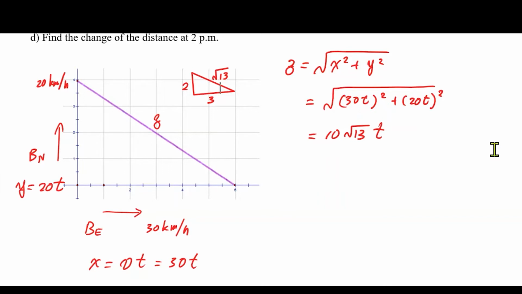You don't get it? Or whatever, okay? So, wow, then the rate must be this, right? We can take a derivative, although this is not a calculus problem. dz over dt is then 10 root 13 kilometers per hour. So this thing increases at 10 root 13 kilometers per hour. How about that?